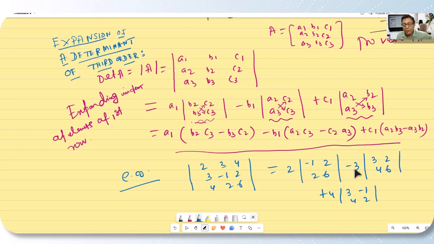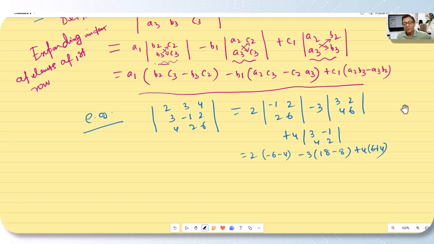So this value is going to be 2 into minus 10, minus 3 into (18 minus 8), plus 4 into (6 plus 4).